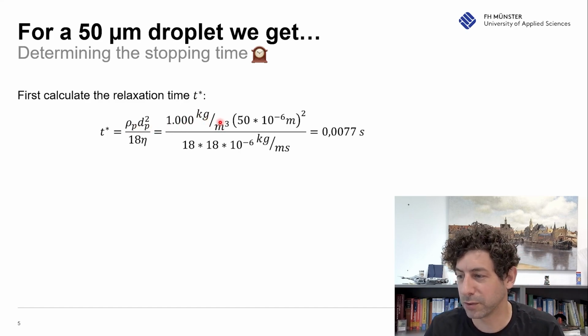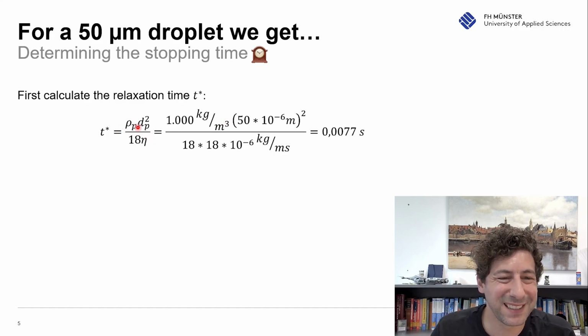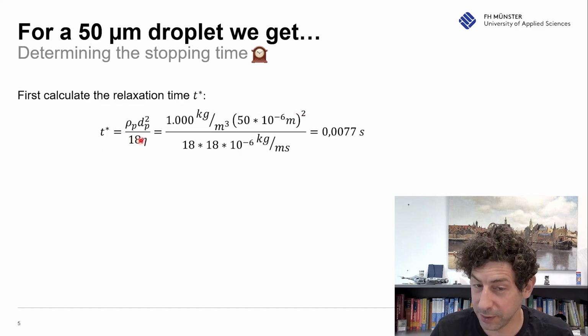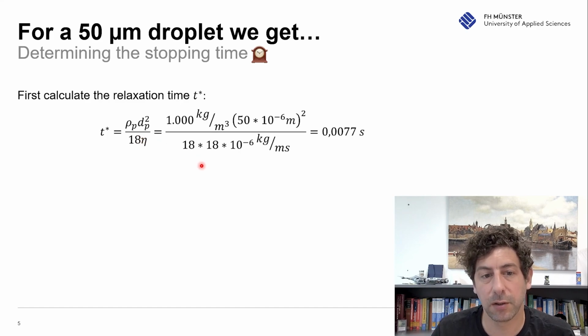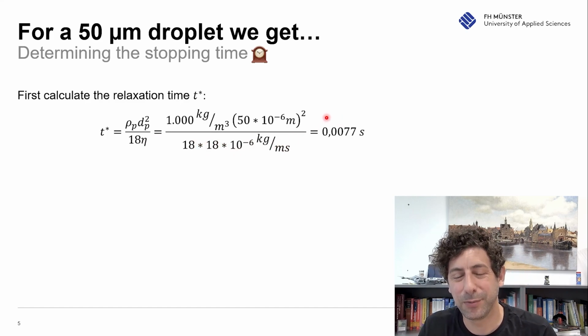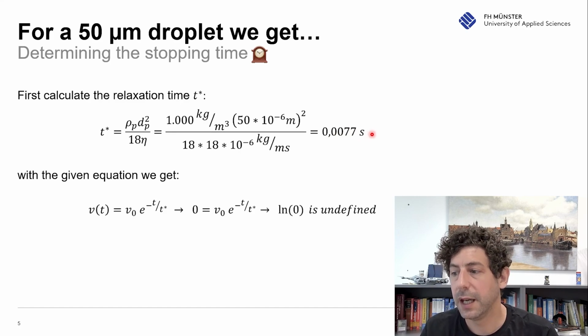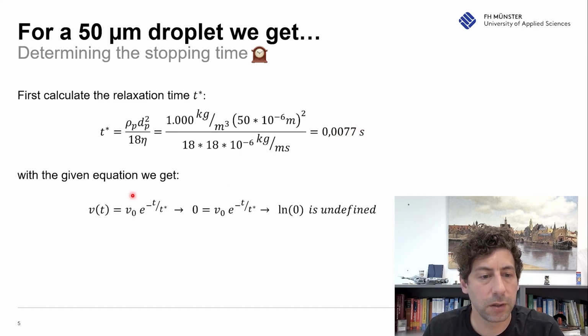And then we have the size of the particle, which is 50 microns, so 50 times 10 to the power minus 6, squared. And then we have 18 times the dynamic viscosity of air, which is 18 times 10 to the power minus 6. And if we do the math, we will get a characteristic or relaxation time of 0.0077 seconds. And this can now be put into the equation, right?